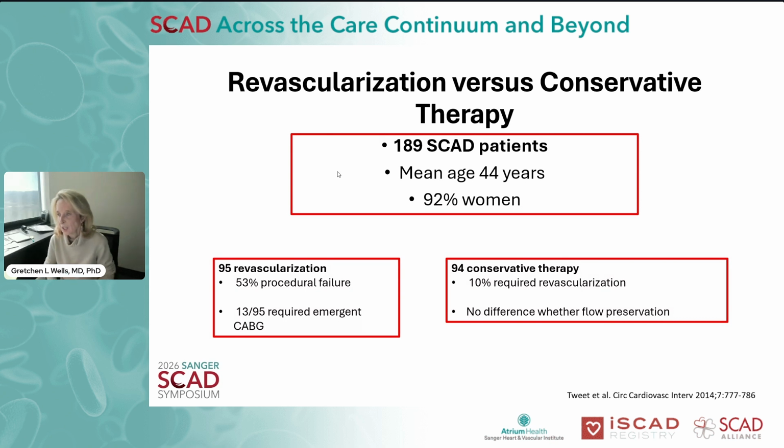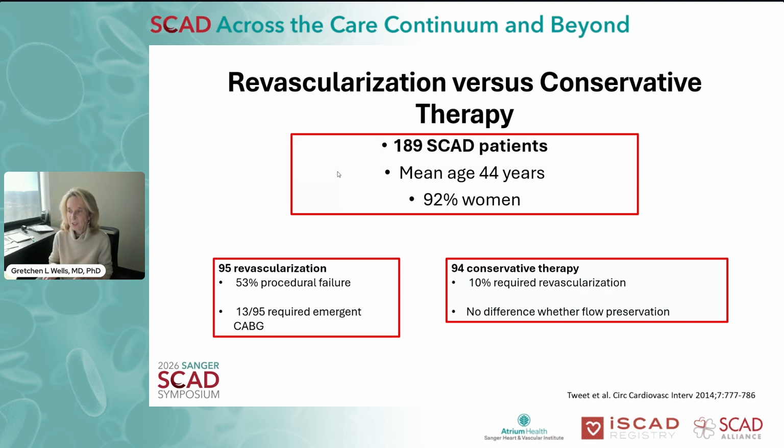This was a retrospective review. Here is what I would point you to. Of the 95 who underwent revascularization, 53% had a procedural failure, 53%. Of the 94 who had conservative therapy, only 10% required revascularization.